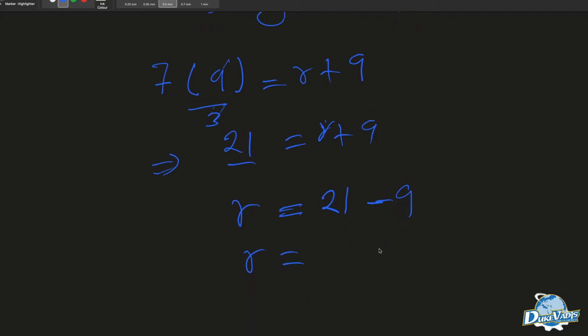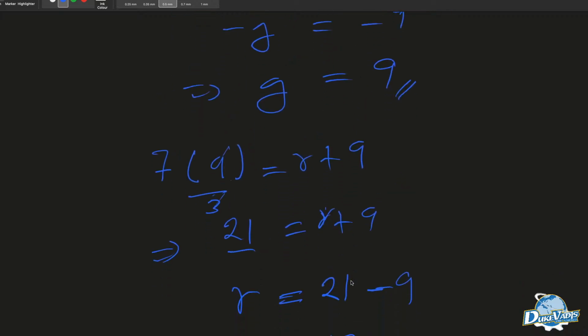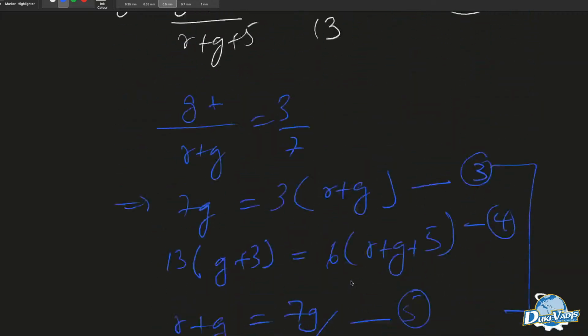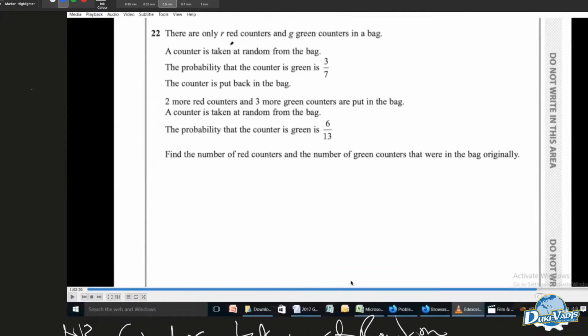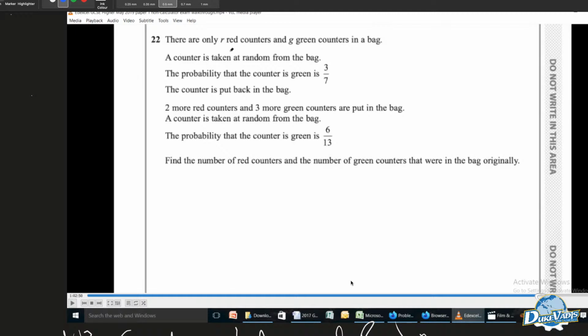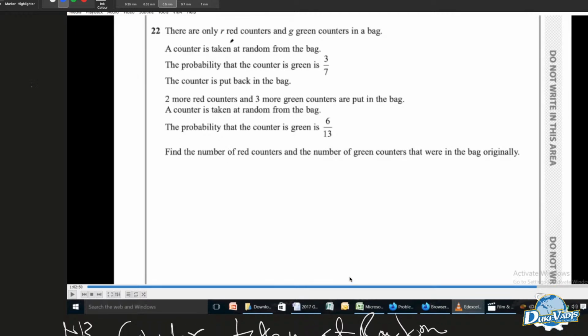We get 12. Therefore R is 12 and G is 9. So these are the numbers of red counters and green counters in the bag.